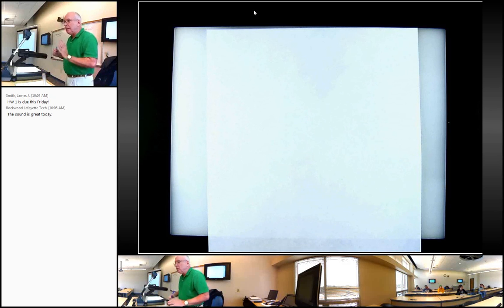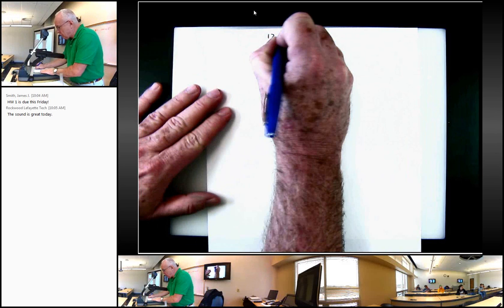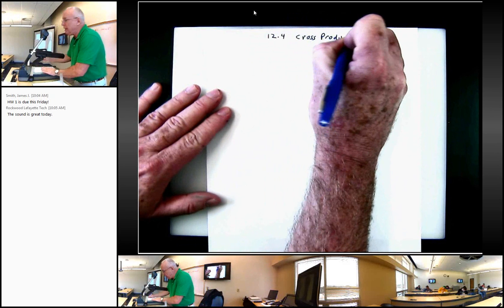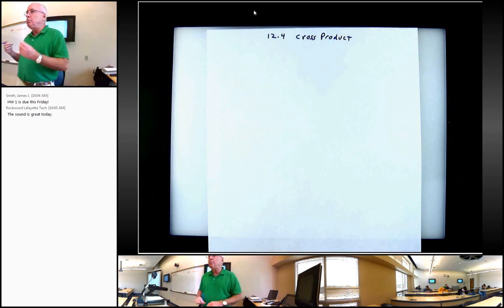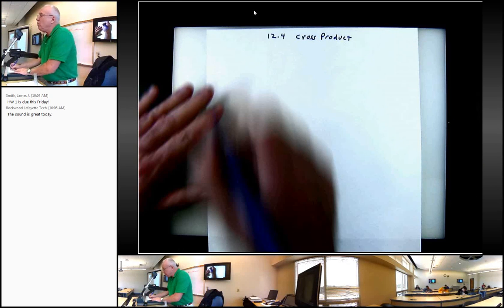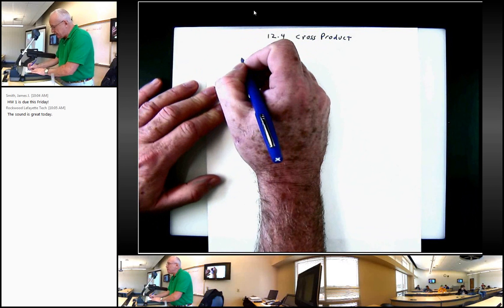Today we're going to talk about a different kind of product. This is section 12.4, and it's called the cross product. Now what we get here, instead of a scalar, is another vector. The purpose of this is the following.